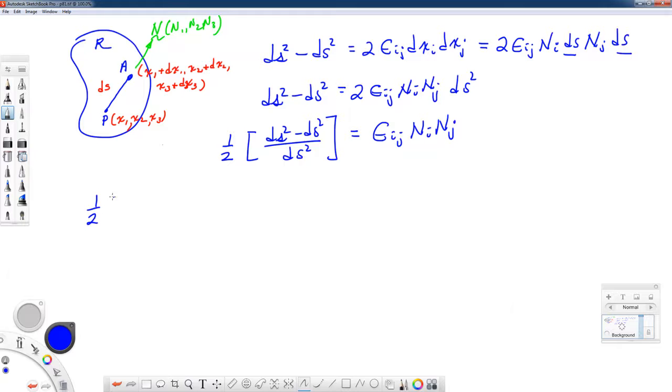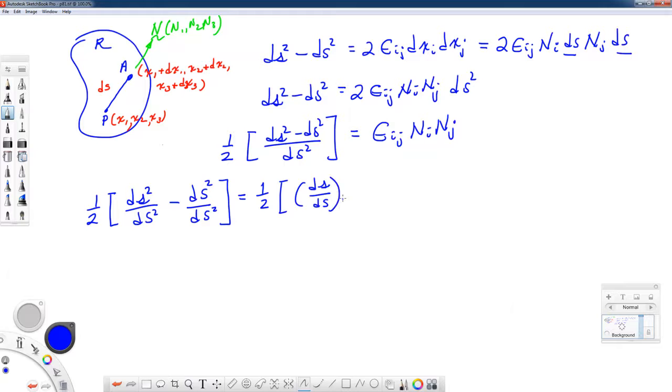All right, let's do a little bit more algebraic manipulation with this left-hand side. I'm going to divide both of these terms by d regular s squared. That first term I'm going to write as the ratio of d script s divided by d regular s, that quantity squared.